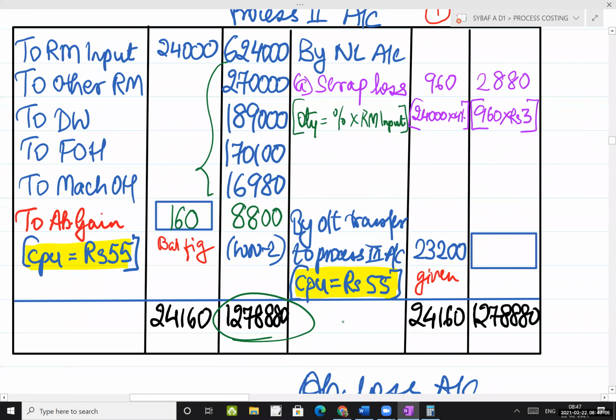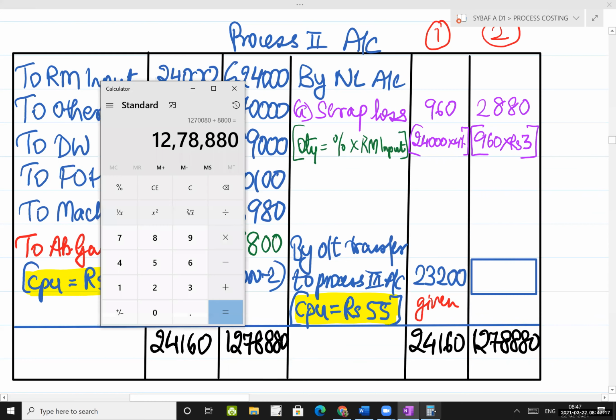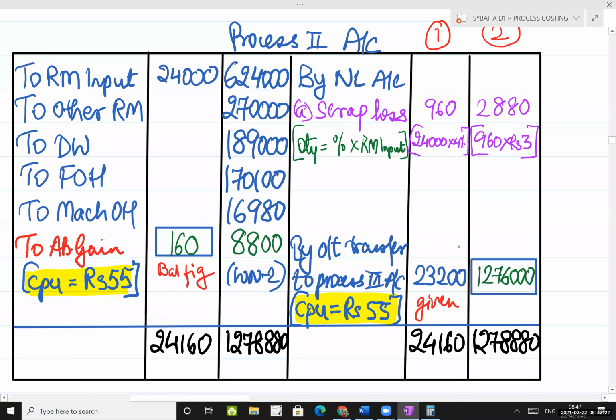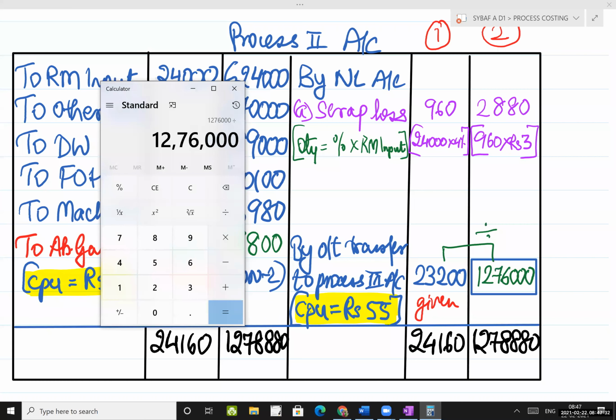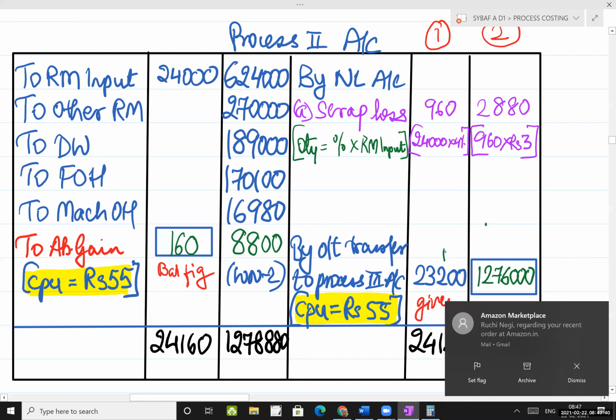Understood how to go with the shortcut? We have already done the total of the debit side. Minus the credit side 2880. How much is it? 12,76,000. Divide these two, divide by 23,200. The answer has to be 55,000. Okay, understood?